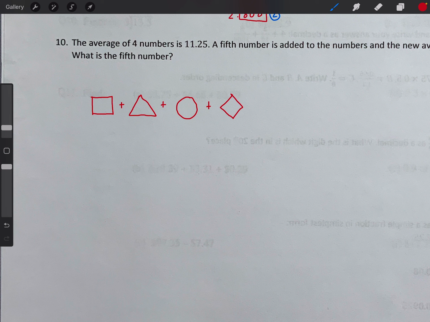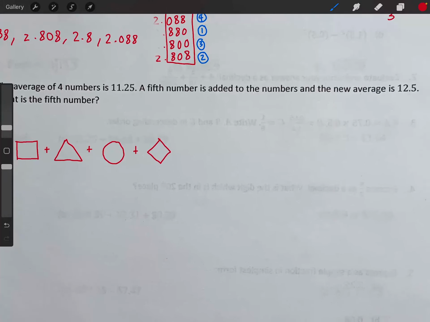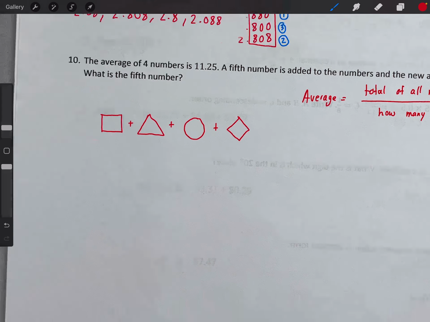And to find the average, remember that the average is written like this. Average is equal to the total of all numbers divided by how many numbers we've got. So we've got 4 numbers.